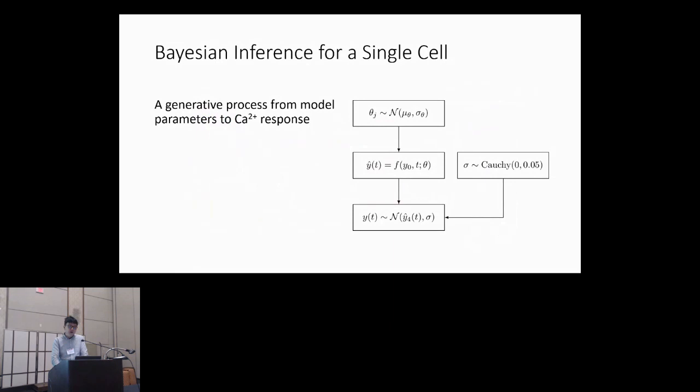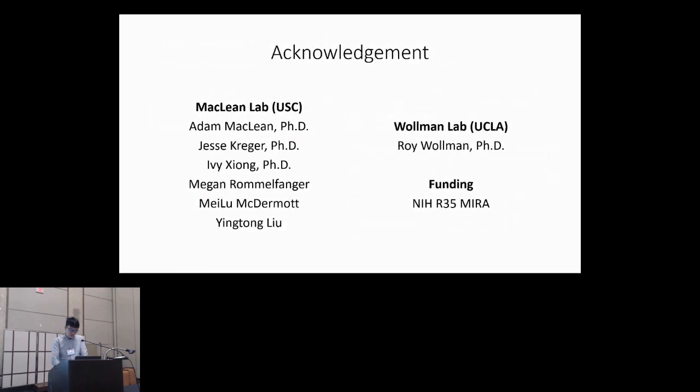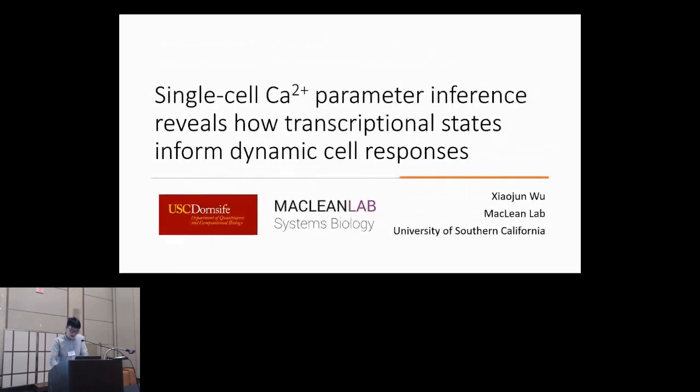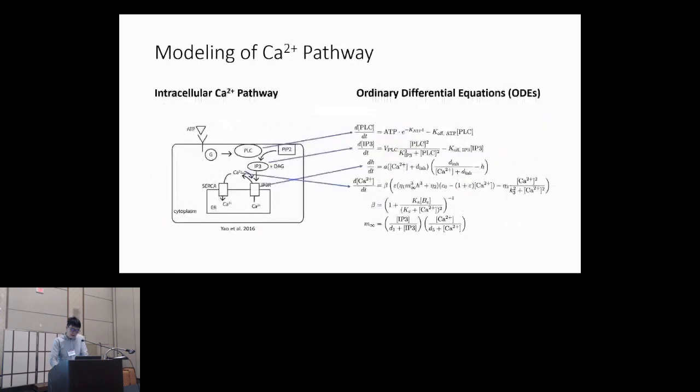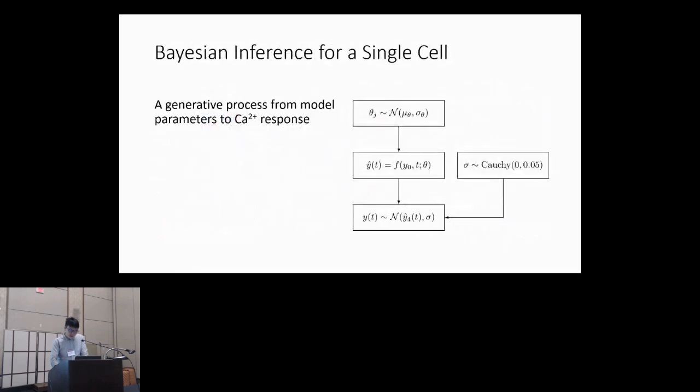For each single cell, we assume that the observed calcium response comes from a generative process. The process begins with model parameters drawn from some prior distribution.